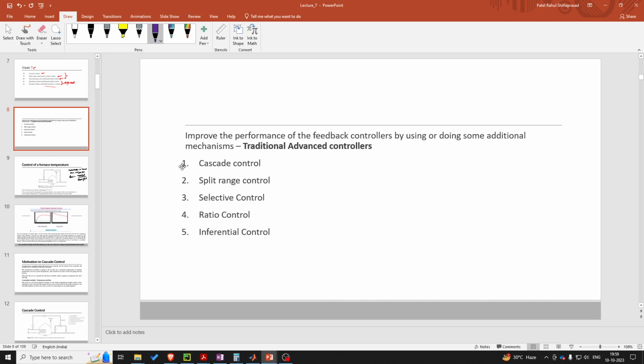Ultimately, many of these techniques will use PID controllers. The main point is that we are improving the performance of these feedback controllers by using some additional mechanisms.